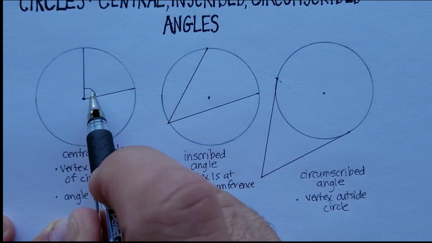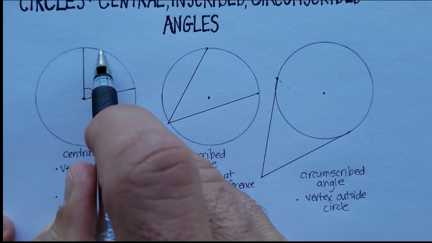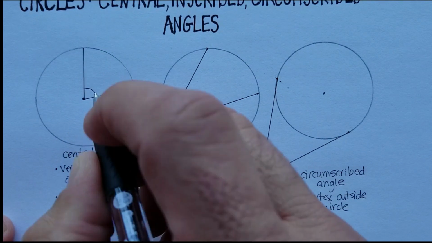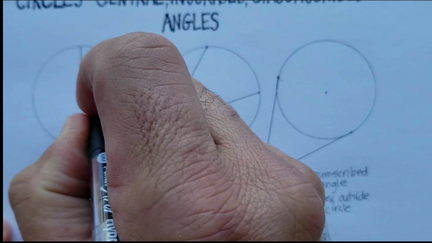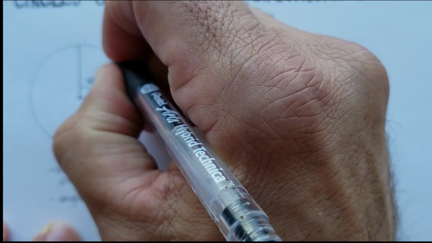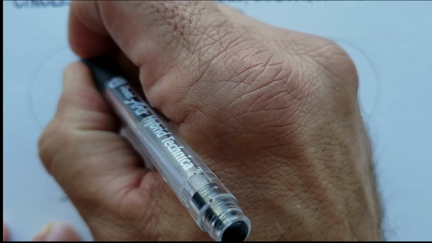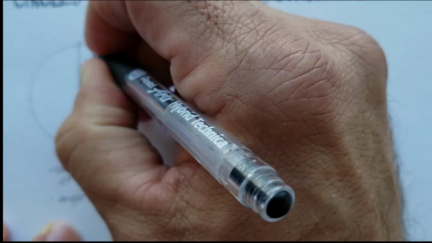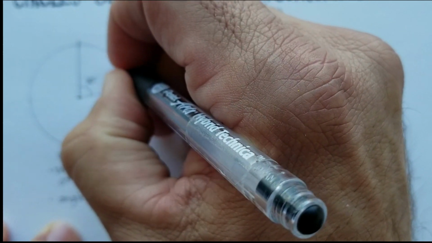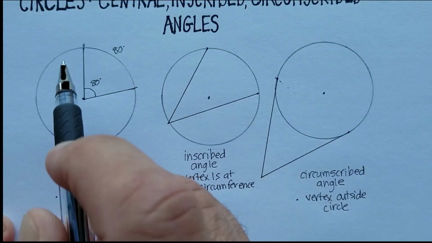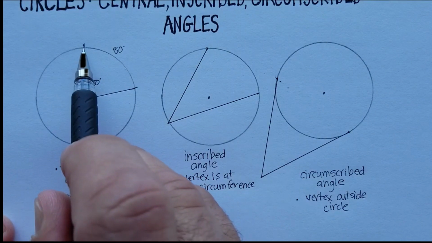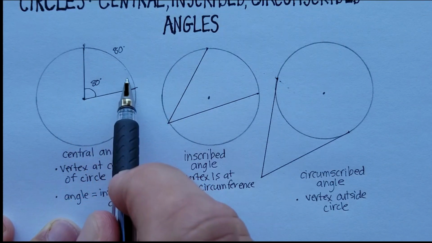So if this were, let's say, 80 degrees, then the arc is also 80 degrees. And remember, the arc is that portion of the outside of the circle.